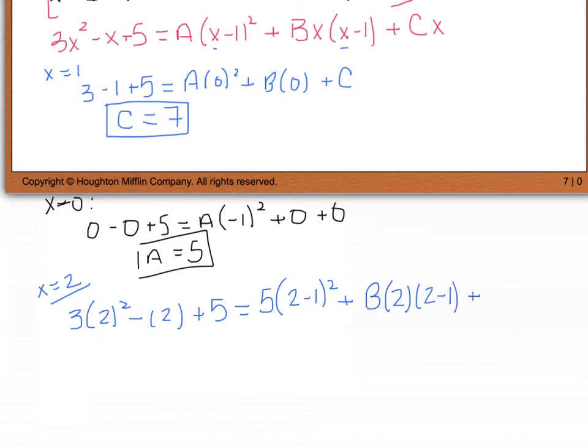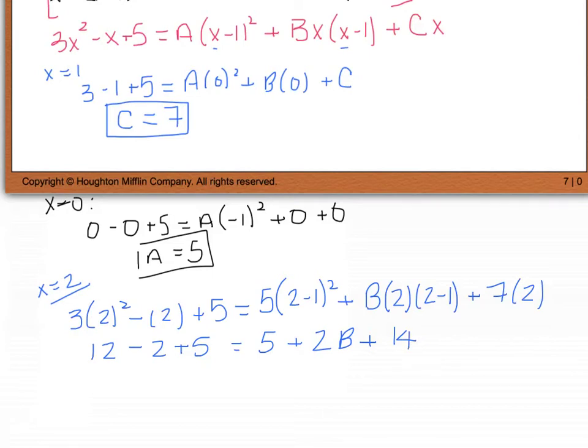And then I have plus c, which was 7, times 2. So this gives me 3 times 2 squared, or 3 times 4 is 12, minus 2, plus 5 equals 5 times 2 minus 1, which is 1 squared is still 1, plus 2b plus 14.